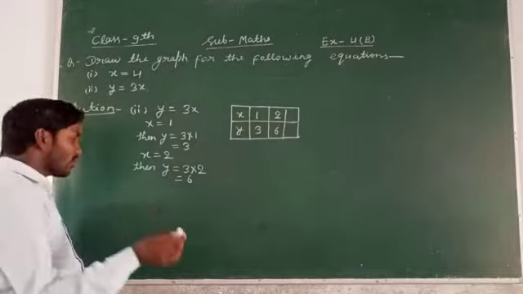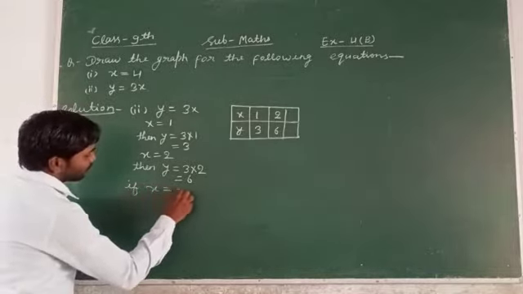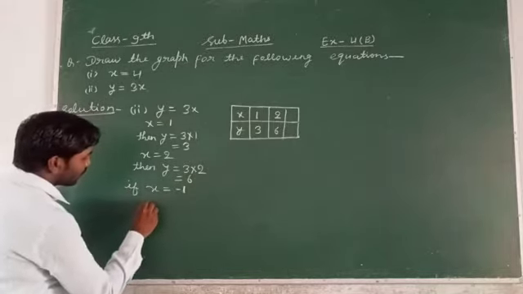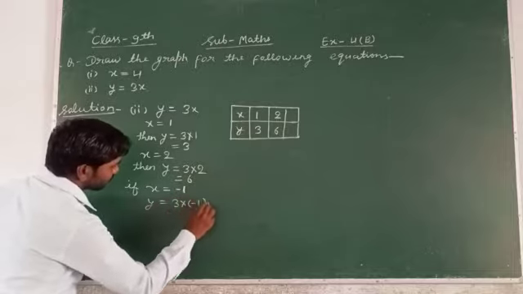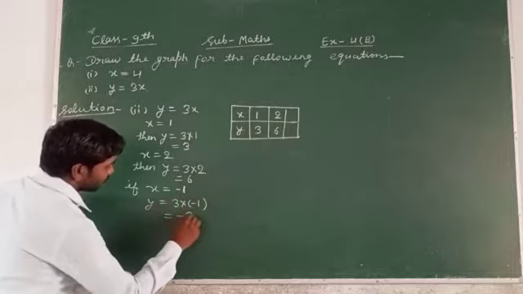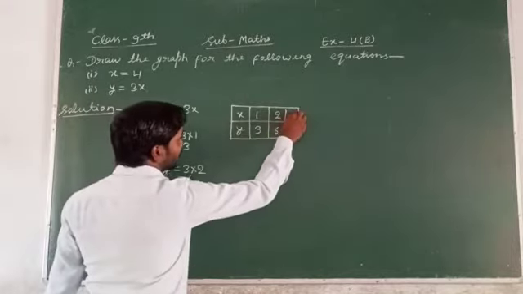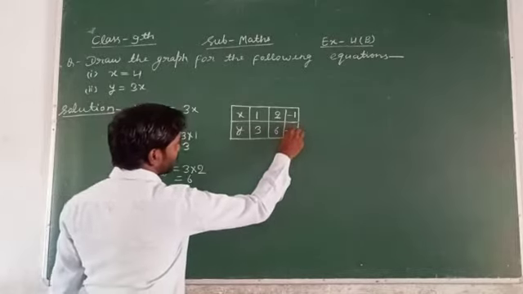Let's put one negative number. So if x is equal to -1, we get y is equal to 3 into -1, and this will be -3. So when the value of x is -1, we will get the value of y is equal to -3.